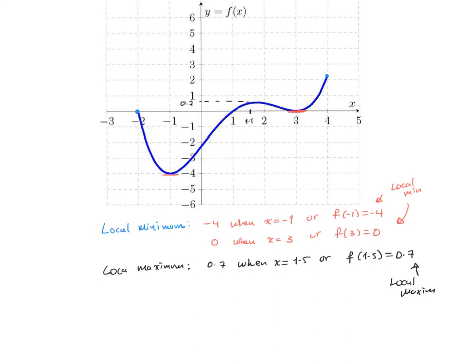Now if I ask you what is this increasing, this is increasing from -1 to 1.5, decreasing from 1.5 to 3, and then increasing from 3 to 4, and decreasing again from -2 to -1.